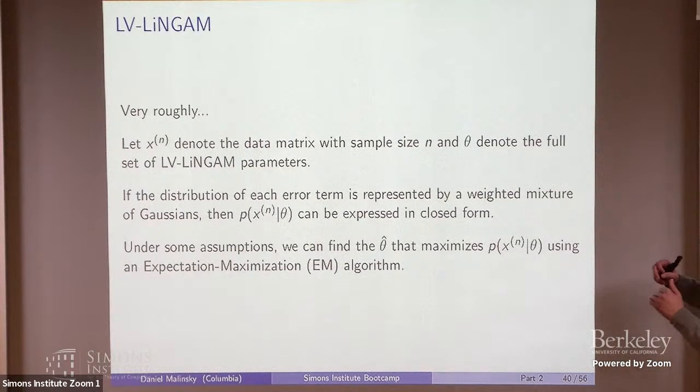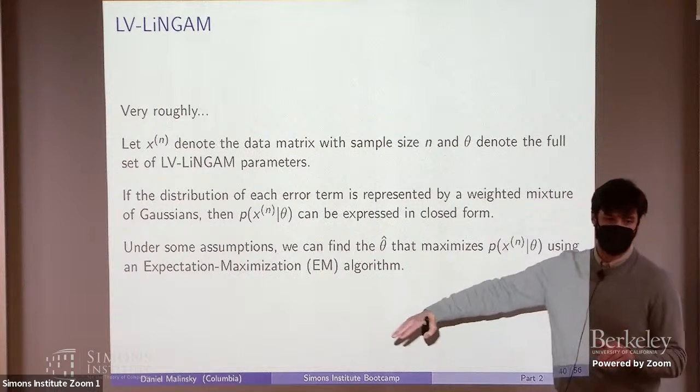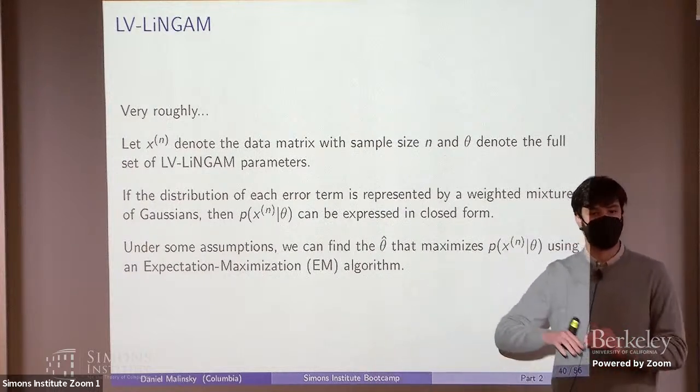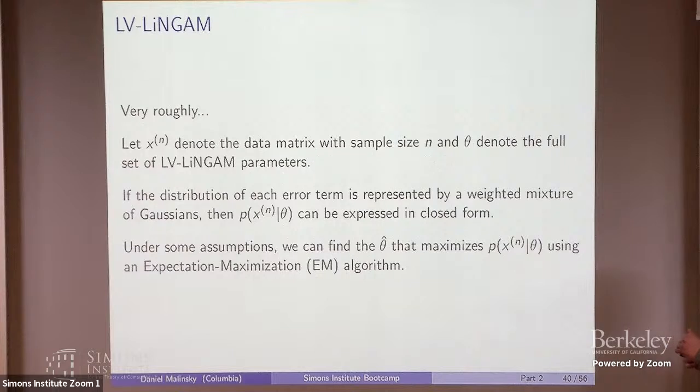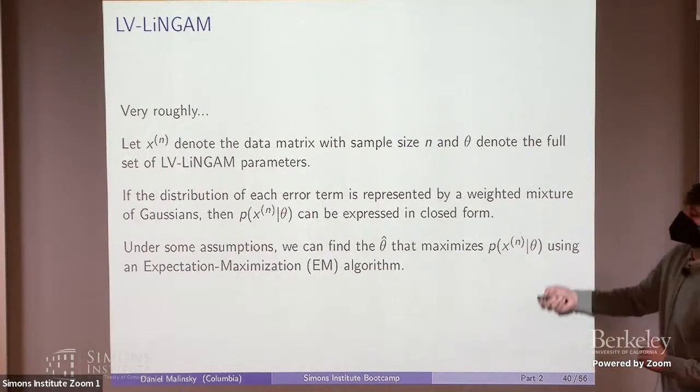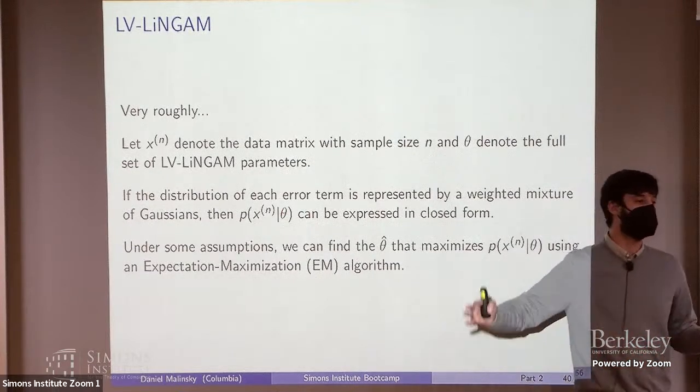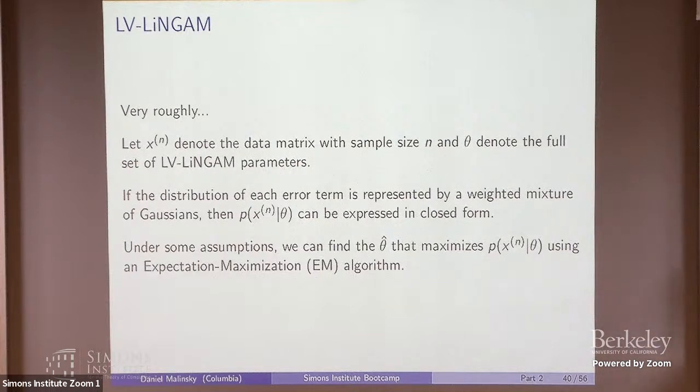If you represent each non-Gaussian error as a weighted mixture of Gaussians, you can write down what the likelihood looks like given the whole parameter set. Then under some assumptions, you can maximize that likelihood and estimate those parameters using an EM approach.